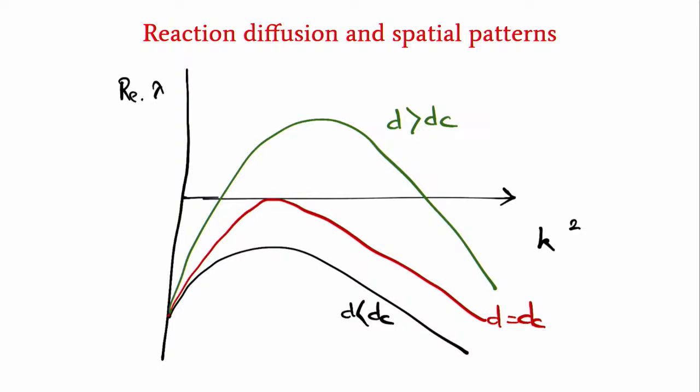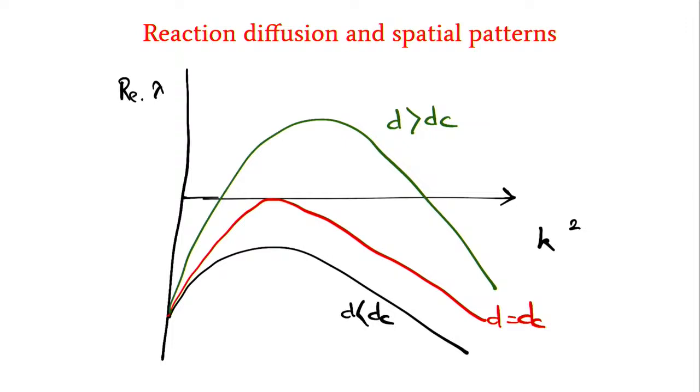When I draw a curve such as this, let me just draw this curve over here, I have lambda as a function of k square, and I have some value, k star, for which this eigenvalue is positive, which means that a perturbation with this wavelength or with this wave vector is going to grow.